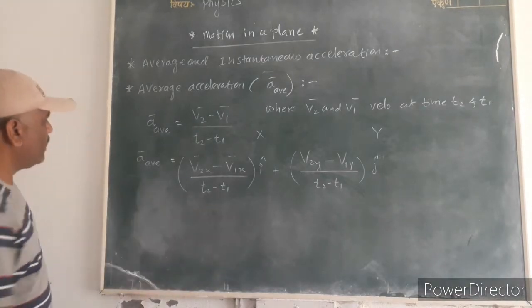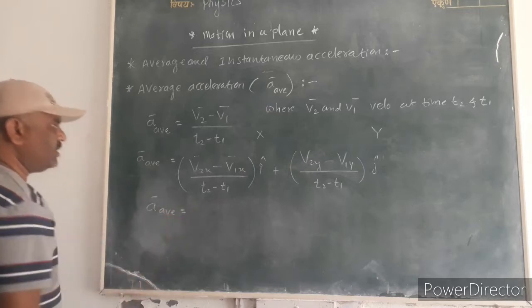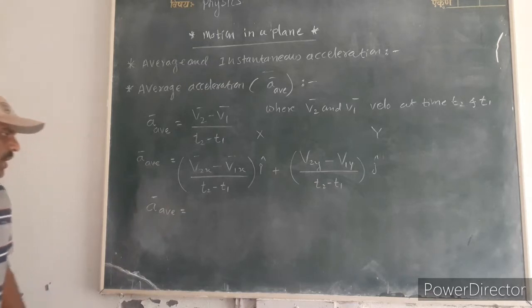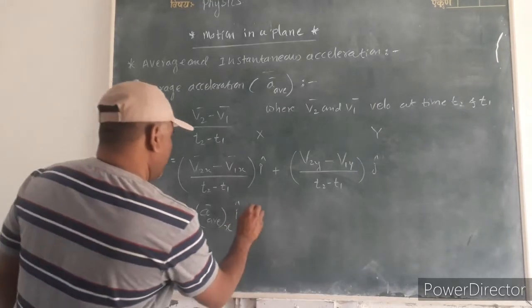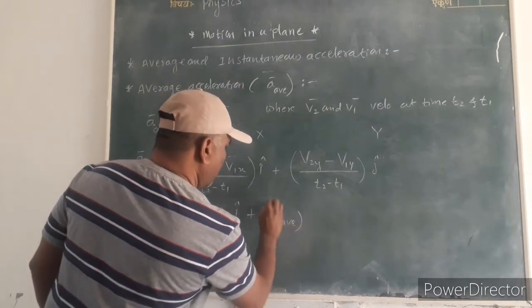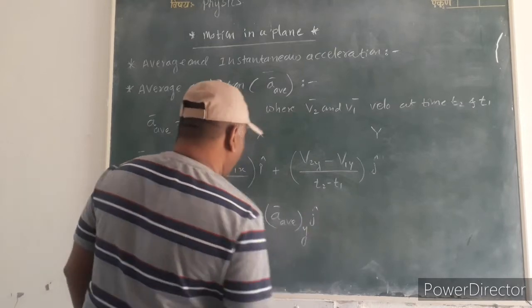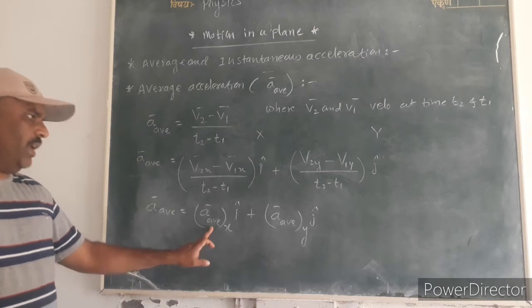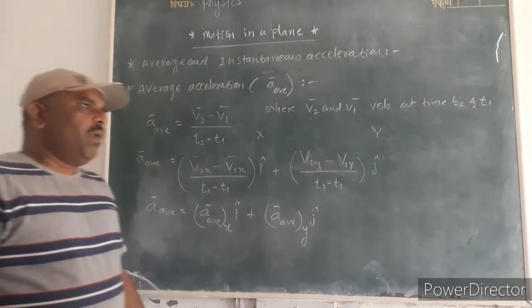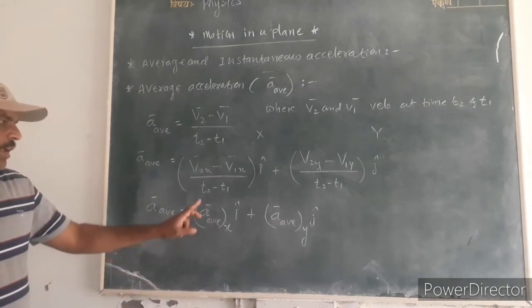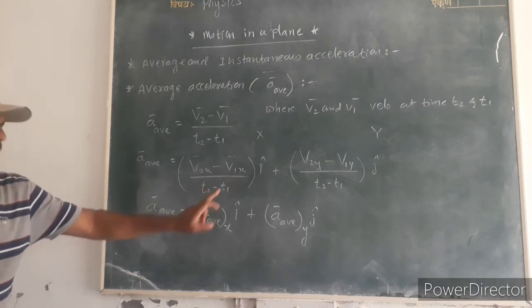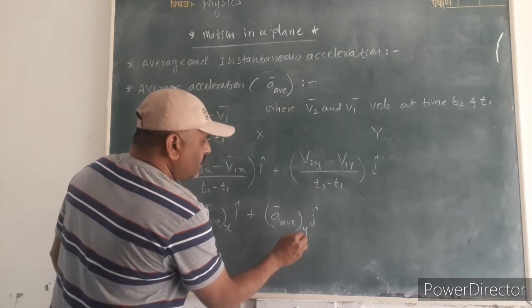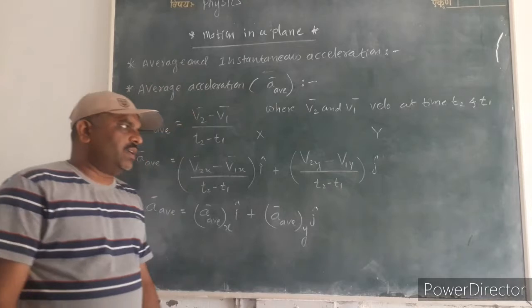Then this equation can be written as a bar average is equal to a bar average along the x-axis into i cap plus a bar average along the y-axis into j cap, where a bar average x and a bar average y are the components. The value of a bar average x is v2x minus v1x divided by t2 minus t1, and the value of a bar average y is v2y minus v1y divided by t2 minus t1.